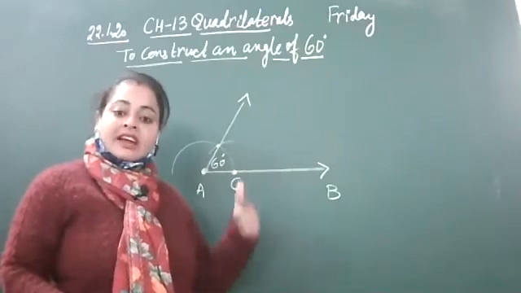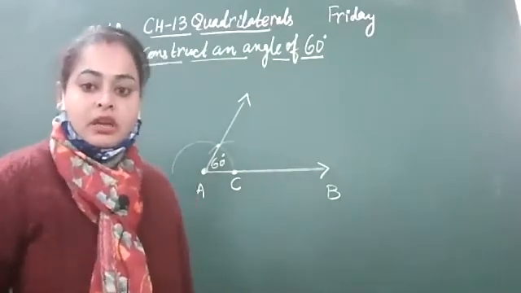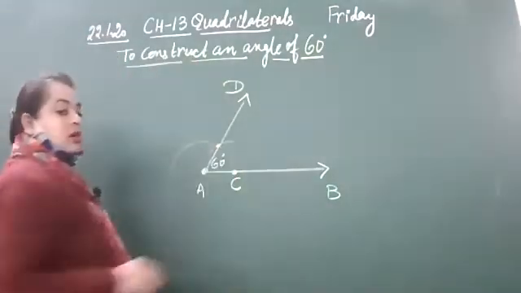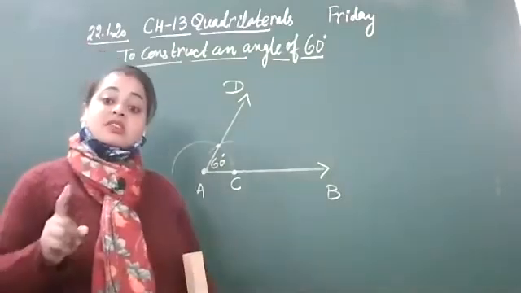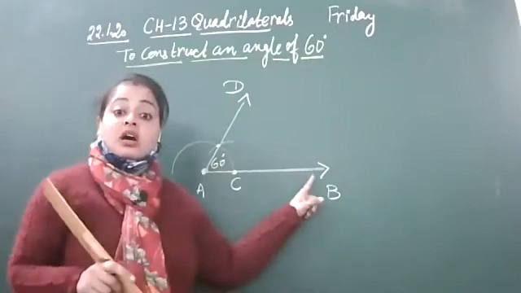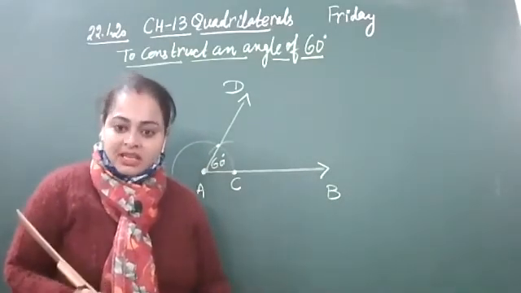Draw this, write down in the chat box. Then I will start the next angle, 120 degrees. Assign the name D to this ray also. It is very much compulsory to assign names. This is a ray. You will not say, ma'am, this is a line or line segment.